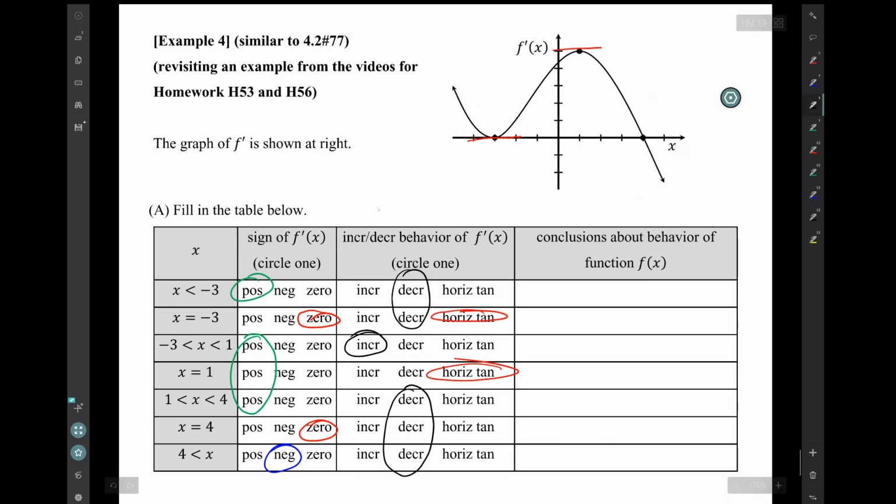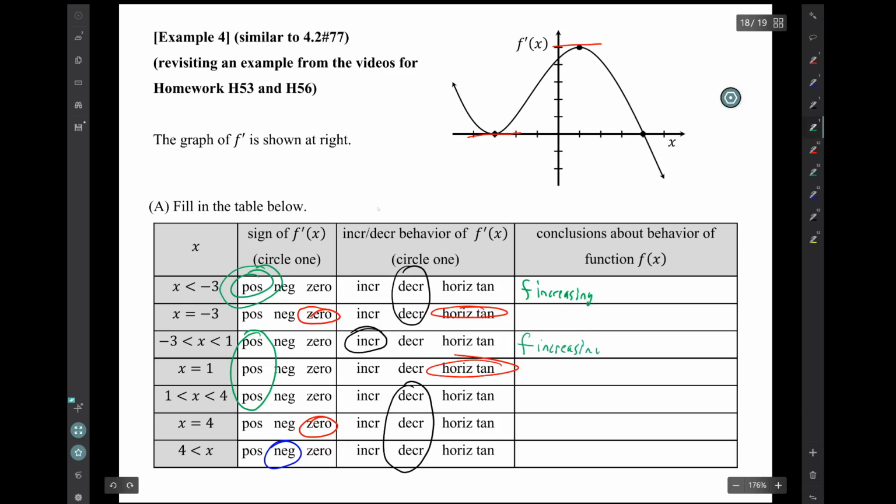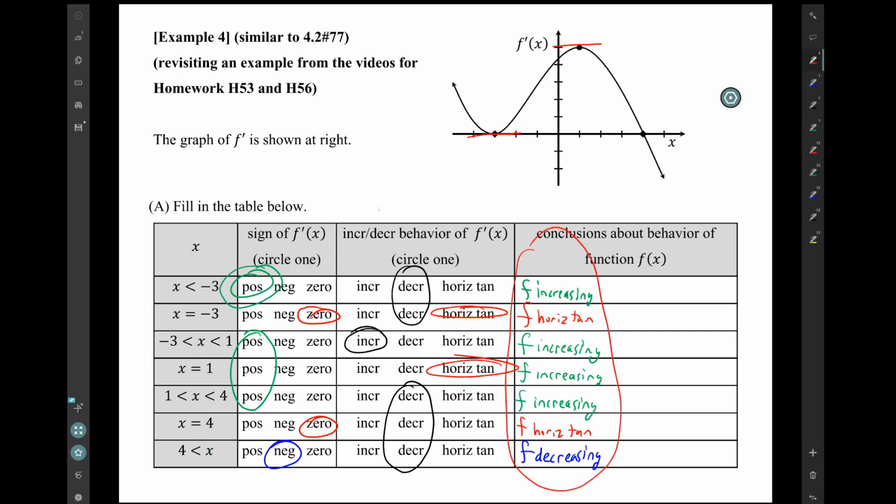Now let's translate all that information about f prime into information about f. So the fact that f prime is positive means that the positive, negative, and zero behavior of f prime translates into increasing, decreasing, and horizontal behavior of f.